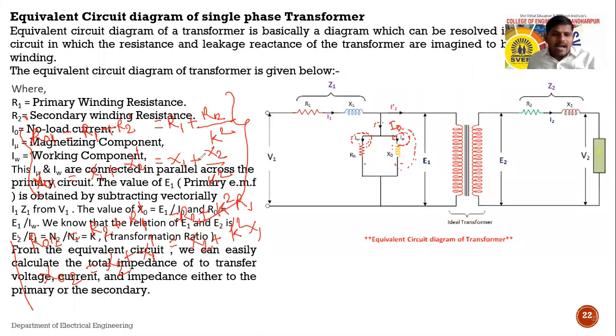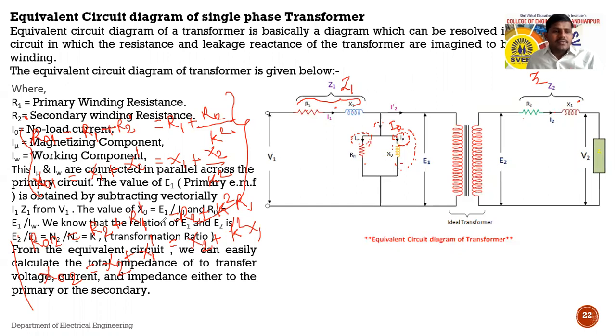R1 plus jX1 is Z1, and R2 plus jX2 is Z2. While transferring to either side, you divide by K square or multiply by K square, depending on which side we are referring to. So we are representing this Z1 and this Z2.